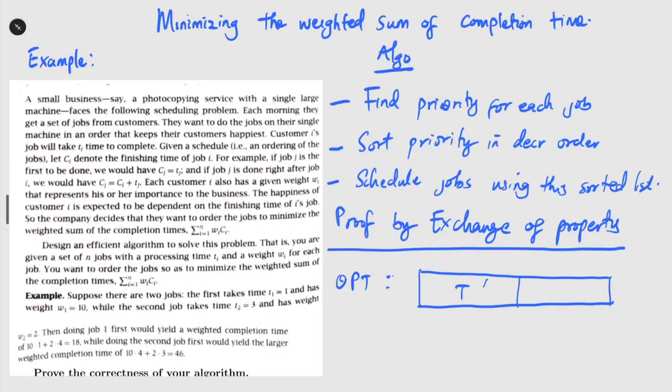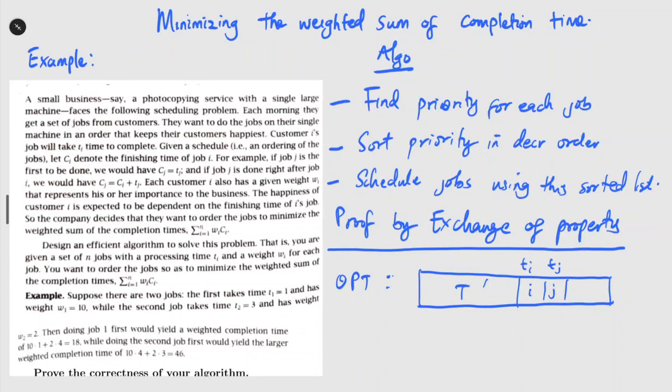Let's call it T prime. Then we have job I, job J, and the rest of the jobs. Job I will take TI time, job J will take TJ time, and the weighted sum of all jobs would be WI CI plus WJ CJ.